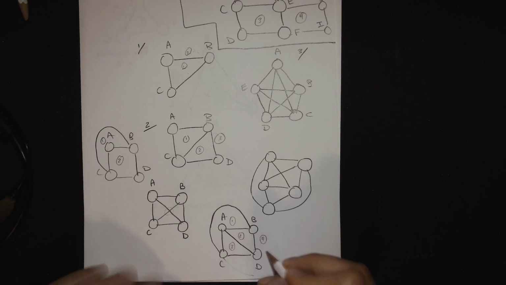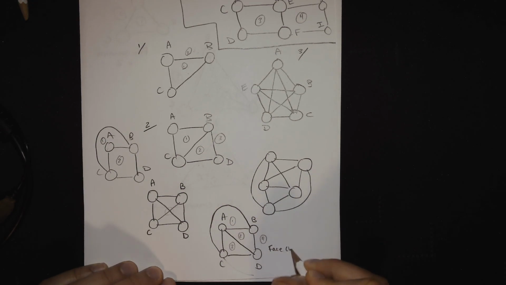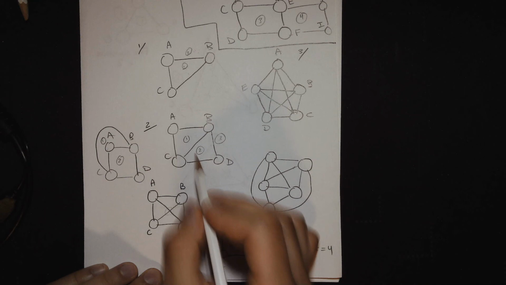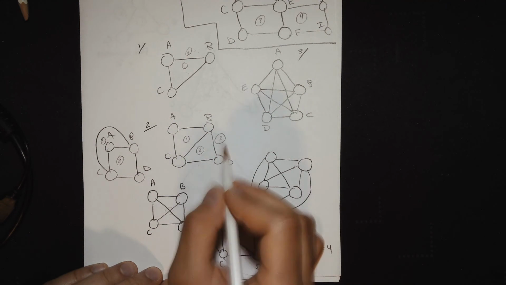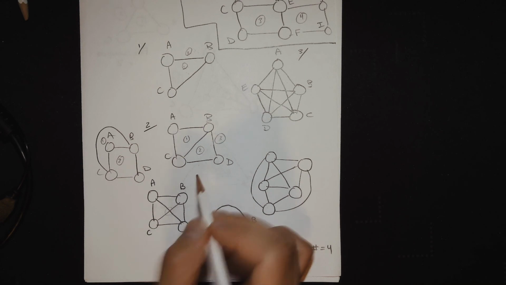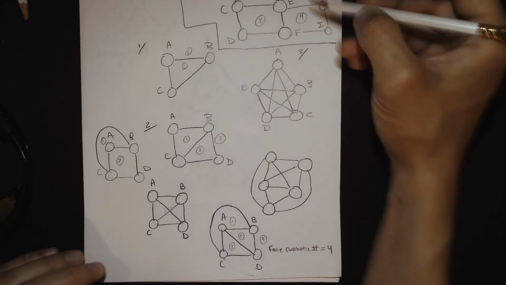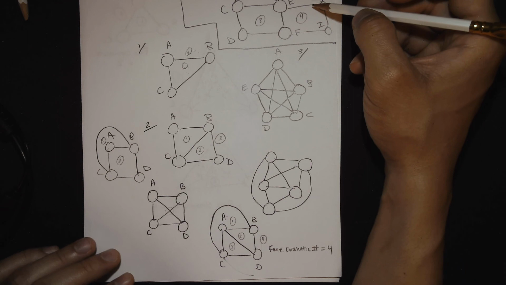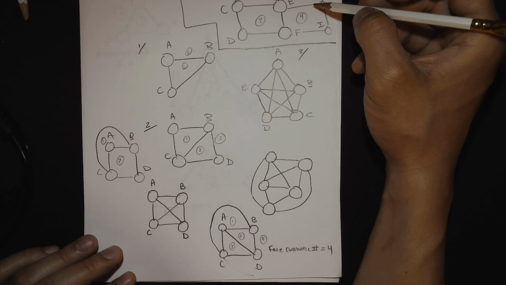So this has face chromatic number of 4. This has face chromatic number of 3 because each of its 3 faces is simultaneously adjacent.